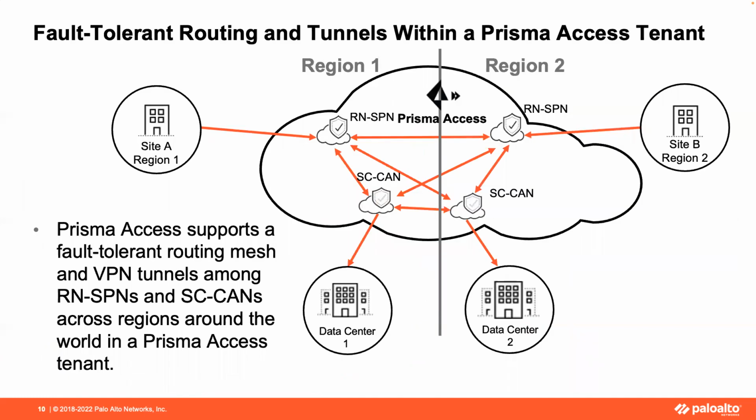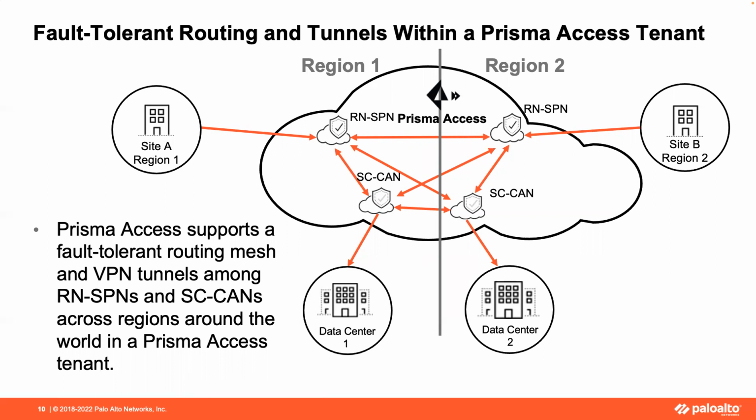The first thing you need to know about the default routing configuration with Prisma Access at Palo Alto Networks is that internally we do dynamic routing using eBGP to connect all the different nodes, all the different peers together.